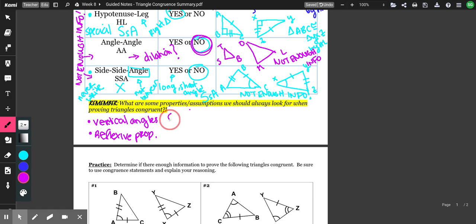Some other things that you might have to make conclusions from are if you see that word bisect, right? If you have an angle bisector, then it cuts in half. That's what bisect means. So you have a piece of information, but you're going to have to draw a conclusion from it.